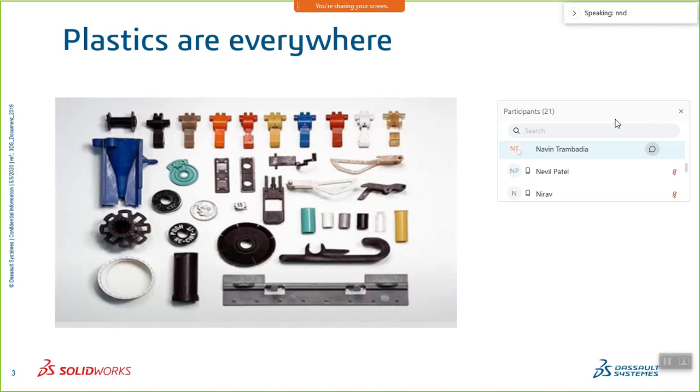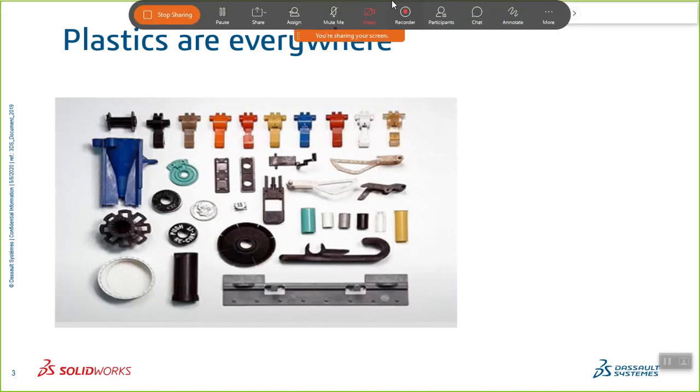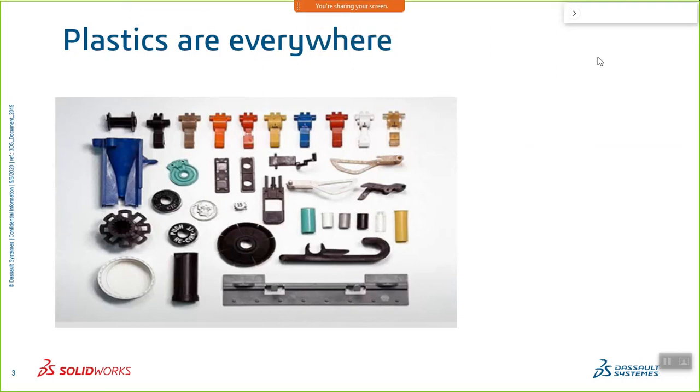So as we all know, plastics are everywhere. The mass use of plastic started in the 1950s and has steadily grown ever since. Today, more than 300 million tons of plastics are produced annually. They may be used anywhere, not only in our engineering field, but in any field.